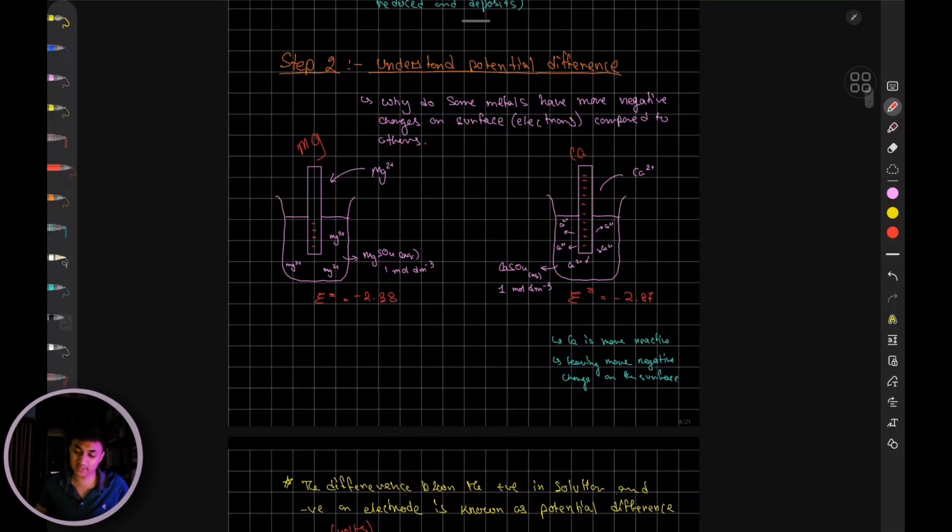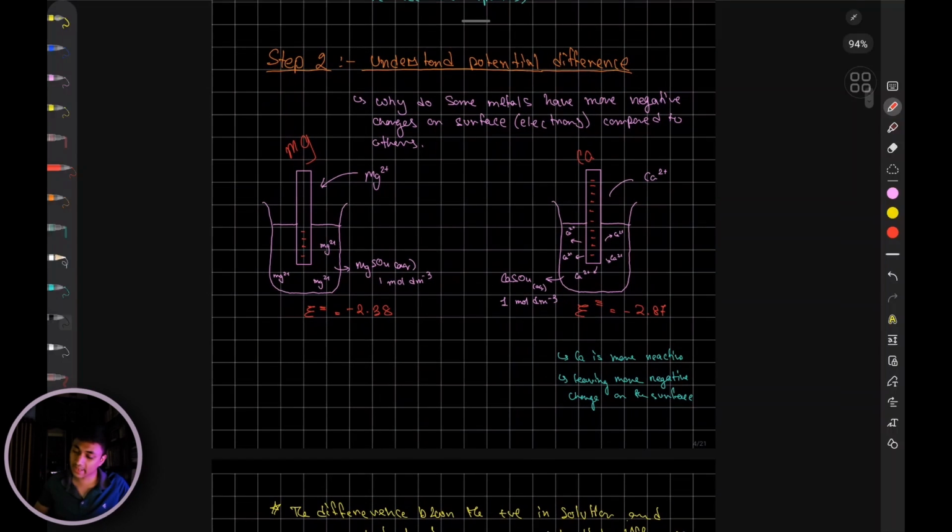What you see is, as the magnesium atoms dissolve into the solution and get oxidized, they leave fewer electrons on the surface. And as the calcium atoms leave the electrode and get oxidized, they leave more electrons.